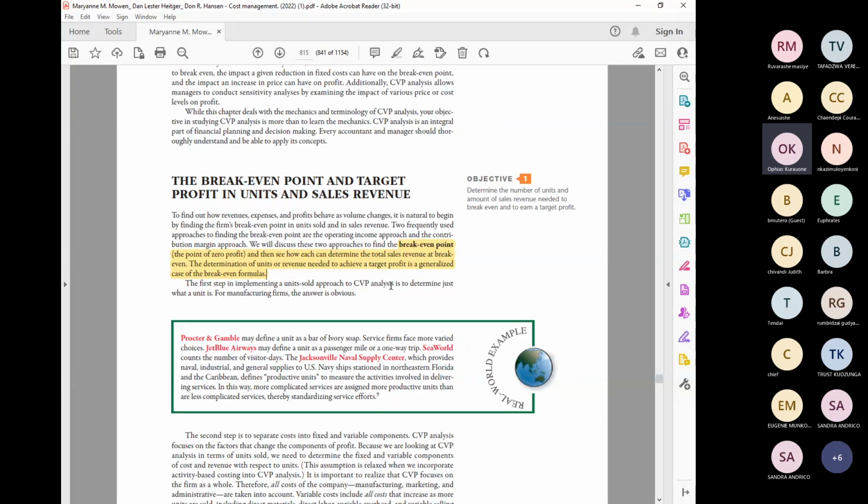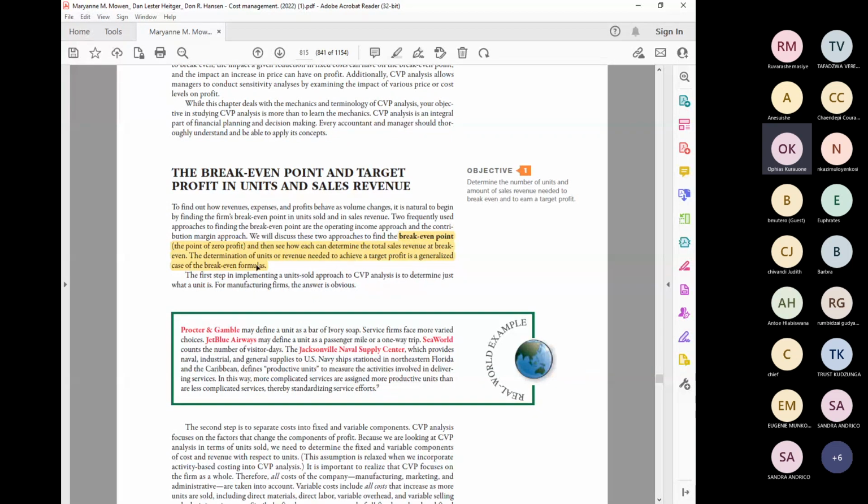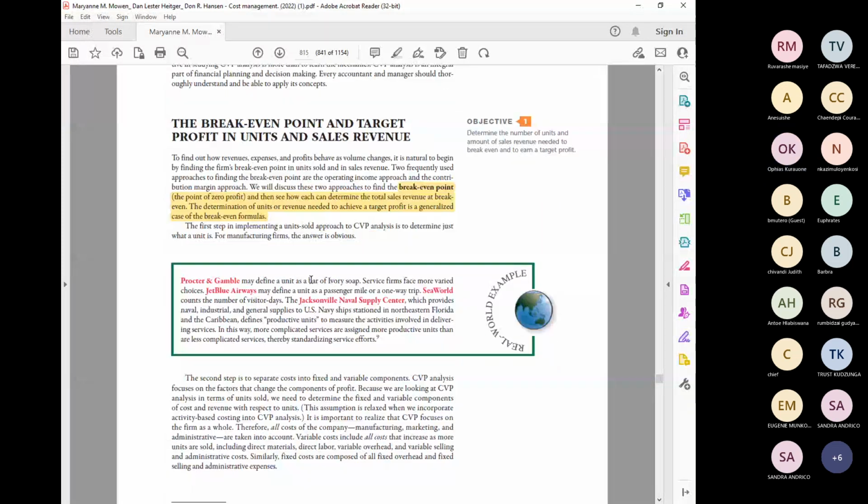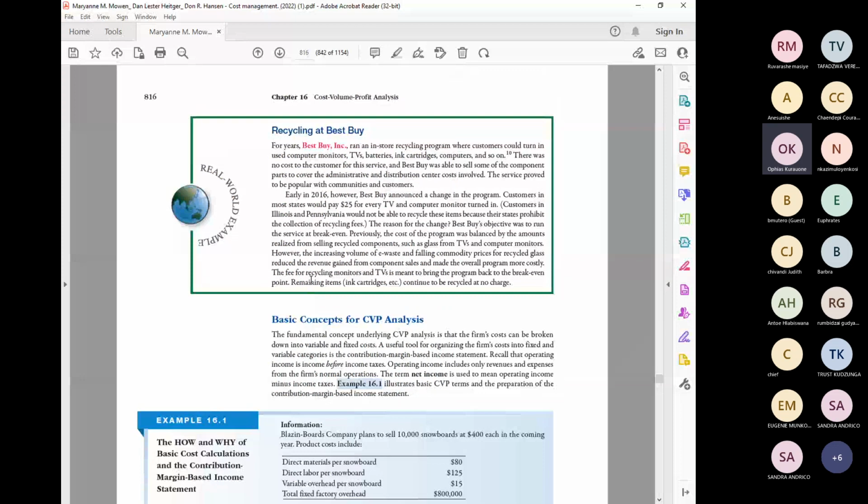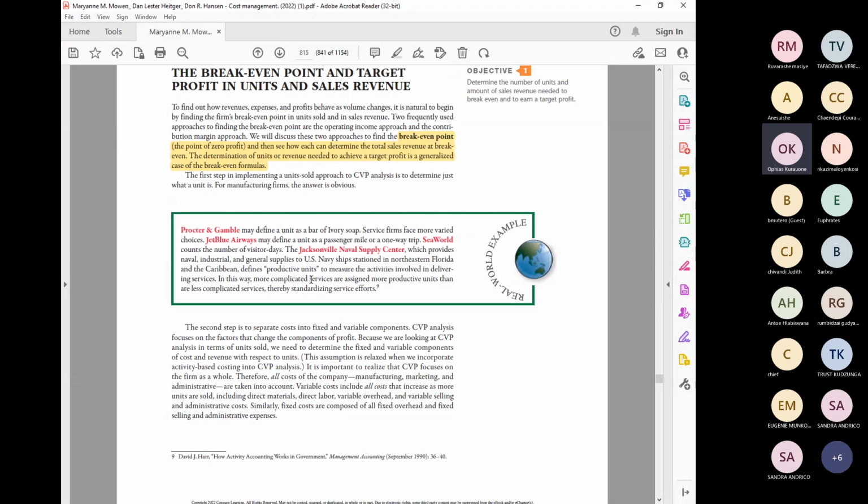We are not worried about the fixed costs, because fixed costs are not directly related to the production of certain goods. Break-even point is the point of zero profit, and we should understand that. To understand that is very critical.